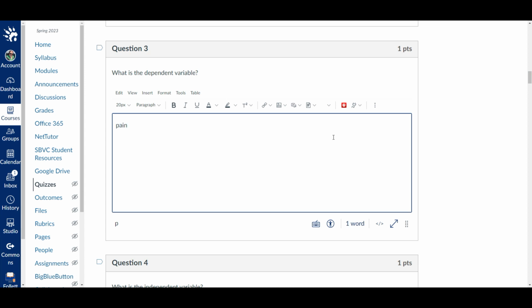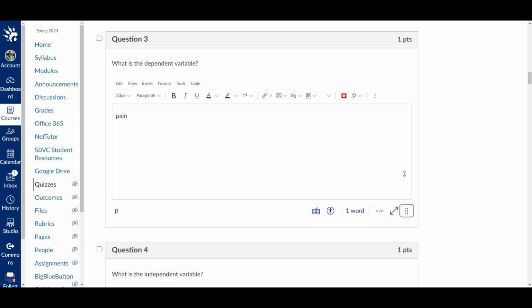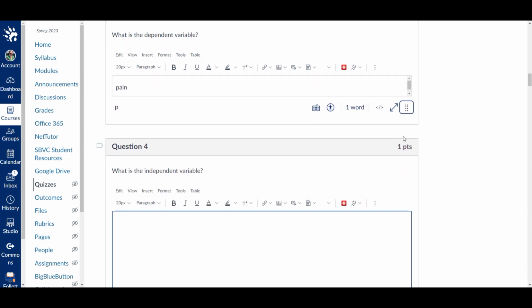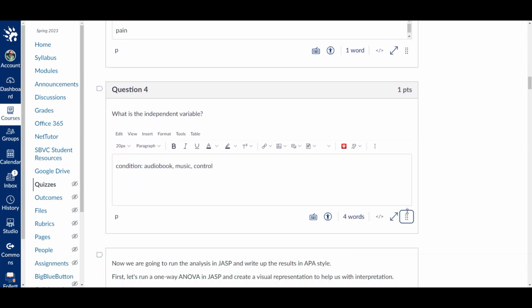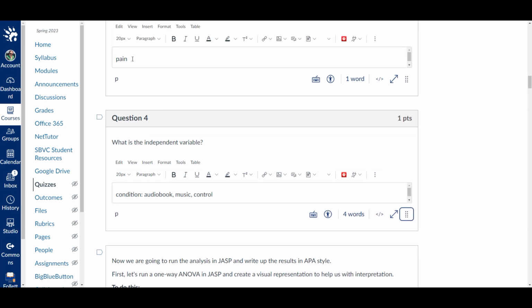So in this case, pain is going to be our dependent variable. We want to know whether pain levels depend on which condition they were in, and those conditions being audiobook, music, or control. Right, so we have 3 options, and we want to know, are there any differences among these 3 options, these 3 categories?